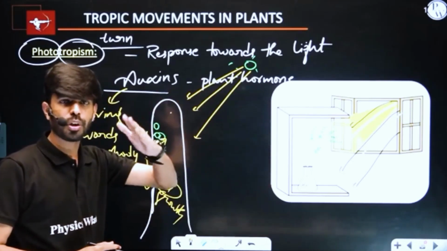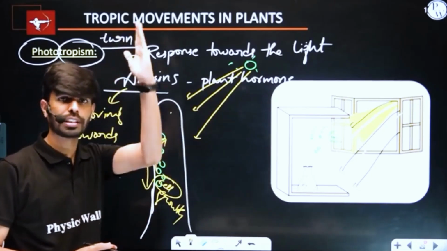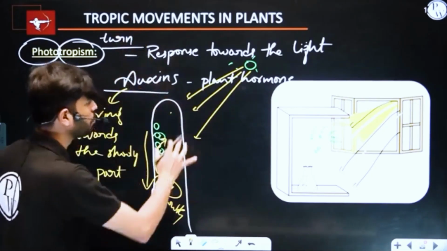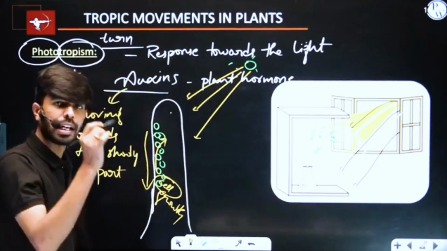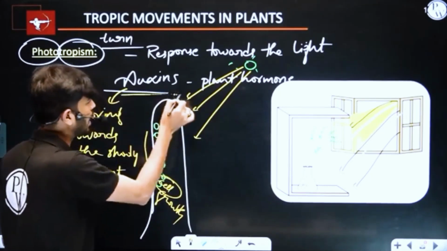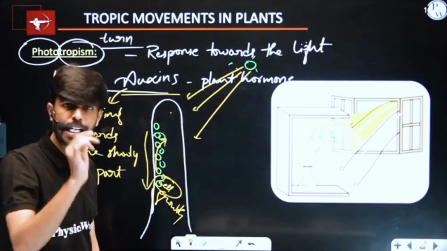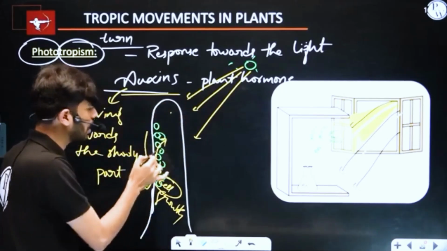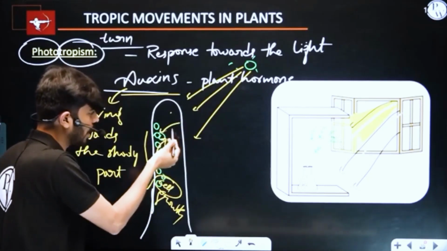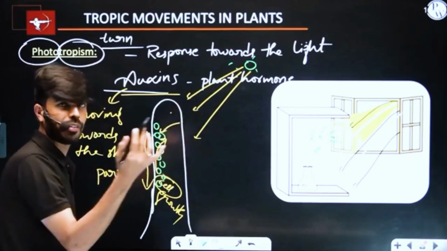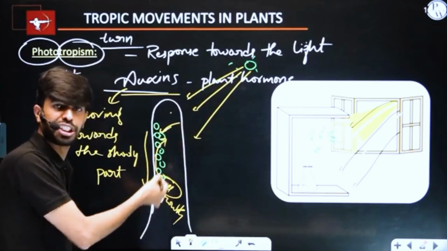So bending of stem towards the sunlight, or the shoot system that is growing upward towards the light, away from the gravity. Now there is a stem here. Usually auxins are more in the apical meristem. Once the light falls on the stem, these auxins are light sensitive in nature. So they start to move away from the light surface area, away from the sunlight. Then they start to move towards the shady part of the stem.